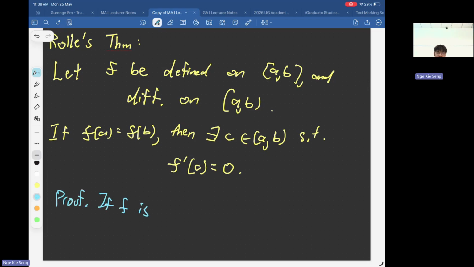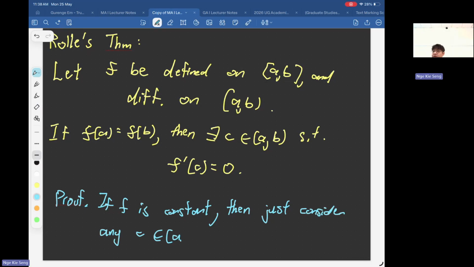If f is constant, then just consider any c in (a, b). Now you will get f prime of c to be 0. Just take any one of them.